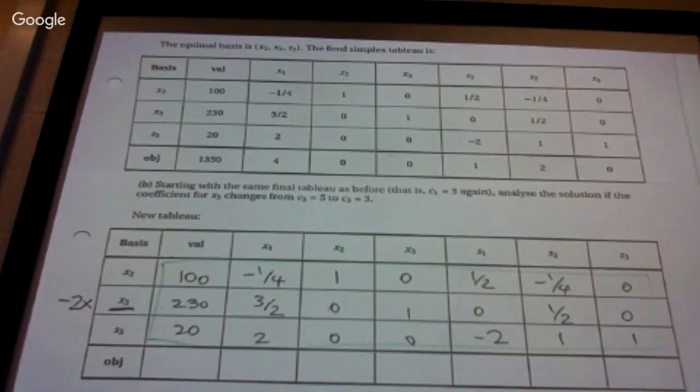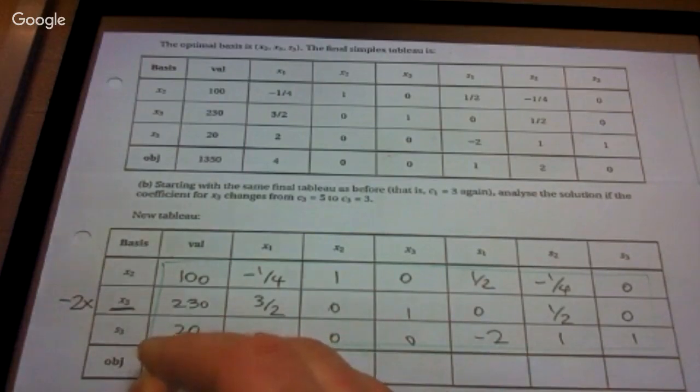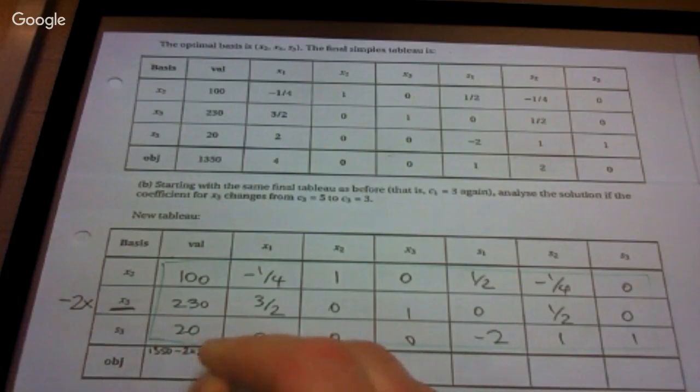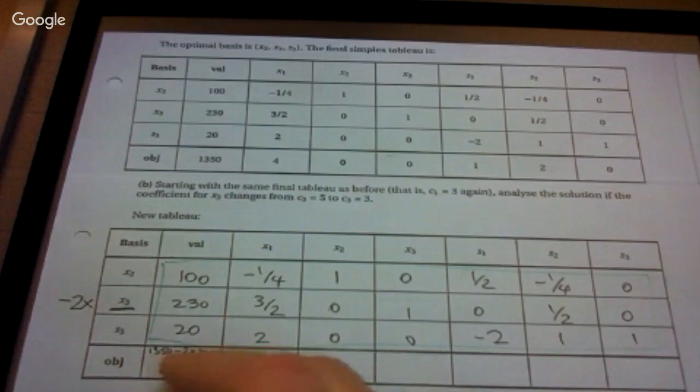That make sense? Well, whether it makes sense or not, that's what it is. So this entry, what was it? It was 350, and we need to take away 2 times 230. So that is 890.